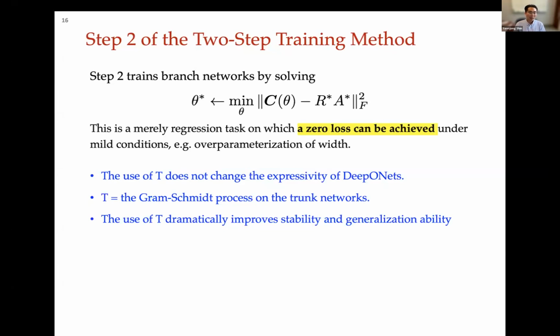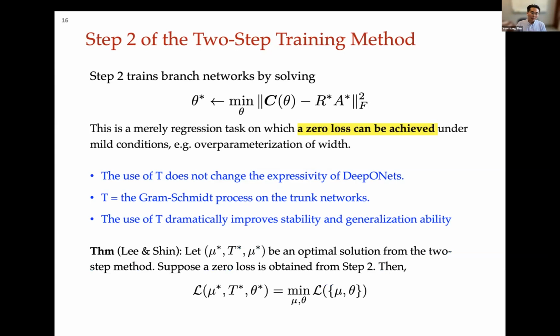And as I mentioned, applying the QR factorization is viewed as applying Gram-Schmidt orthonormalization on the trunk network. By applying the orthonormalization process, the branch networks know what would be the best values to learn in the second step. Numerically, we've also found that the use of T dramatically improved the stability and generalization ability, which I will get to in a moment.